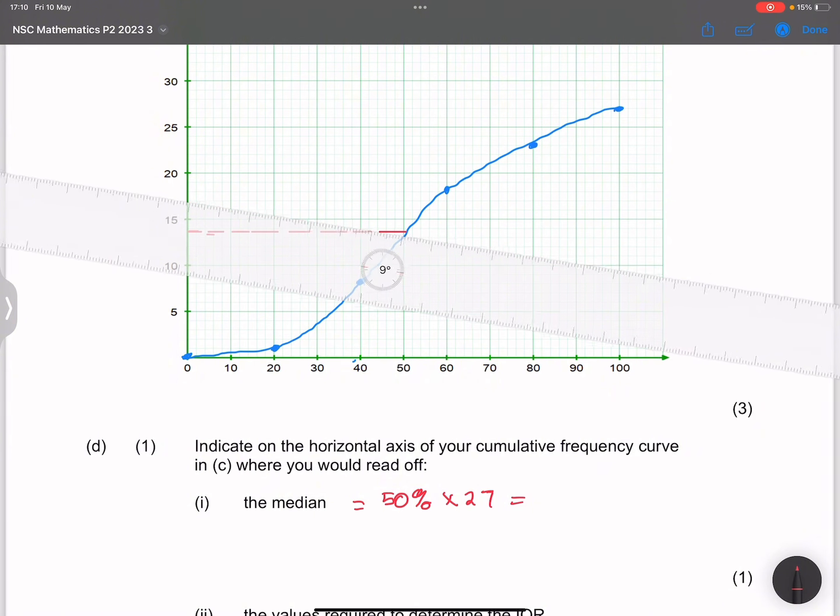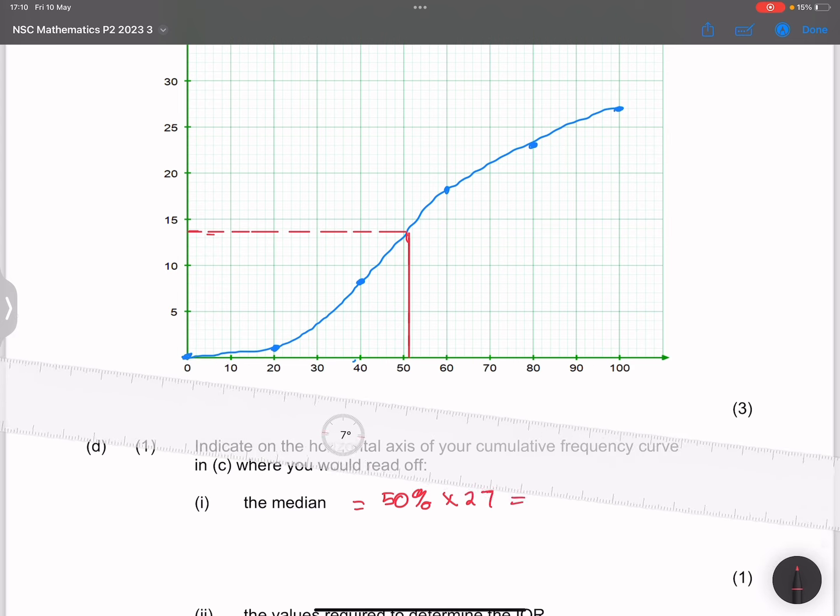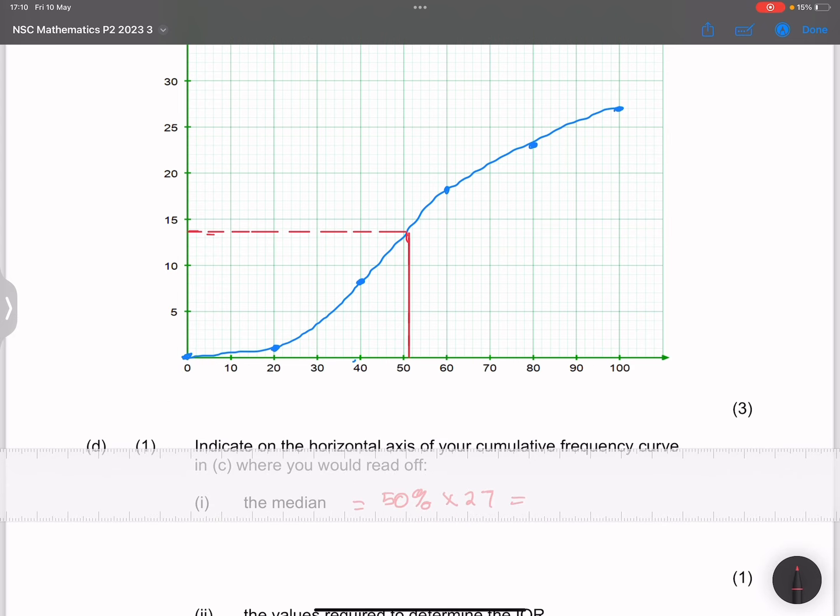But now let's get the corresponding value for my percentage in terms of marks. So what would that be?